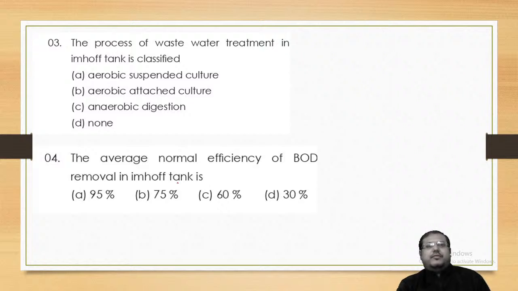The process of wastewater treatment in the Imhoff tank is classified as, obviously, anaerobic digestion. The average normal efficiency of BOD removal in the Imhoff tank will be around 30%. Remember this.